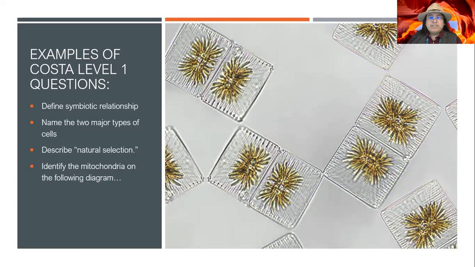And students begin to see too that these are cross-cutting concepts. The things that they learn about Costa's levels of thinking carry over into other subject areas like math, English, social studies, and so forth.